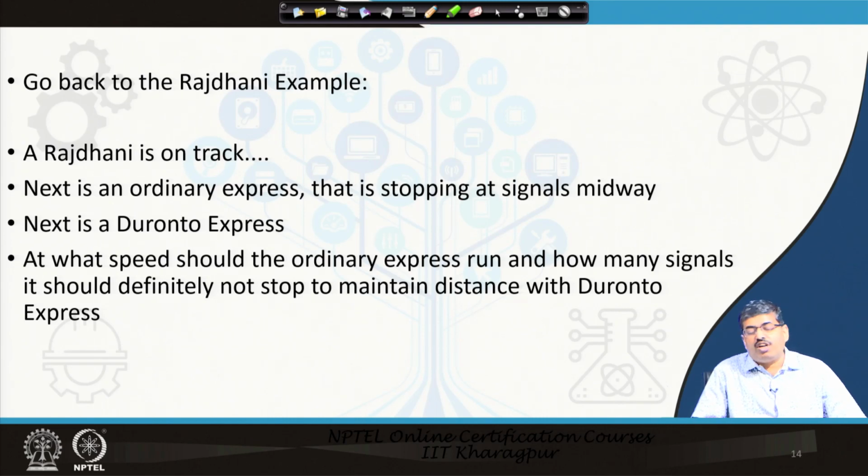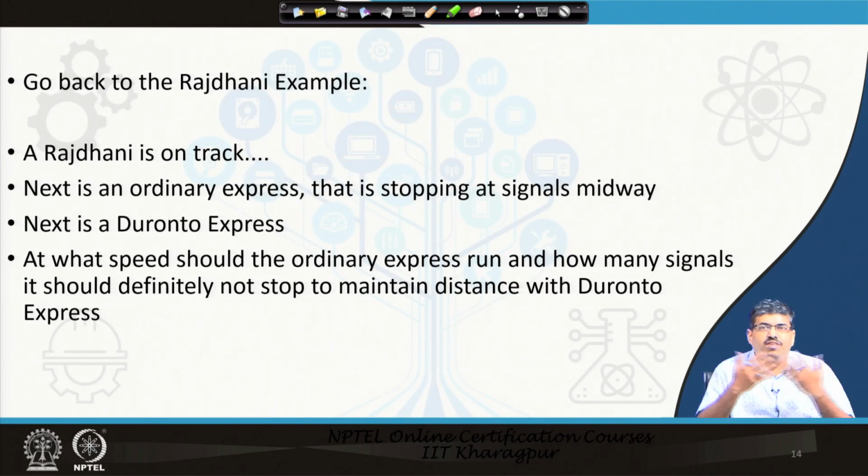So, what speed should the ordinary express run, and how many signals should it definitely not stop at to maintain the distance from the Duronto express? This is a semi-structured problem. Why? Because you can do mathematical calculations, but there is no guarantee that the signal will be green. Signaling depends on so many other criteria.